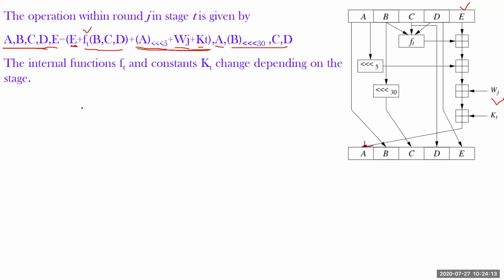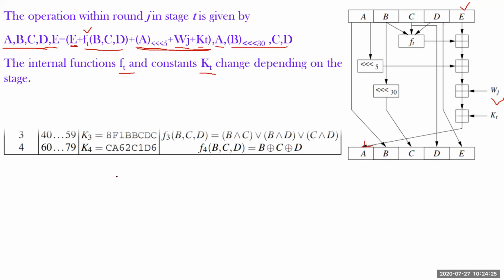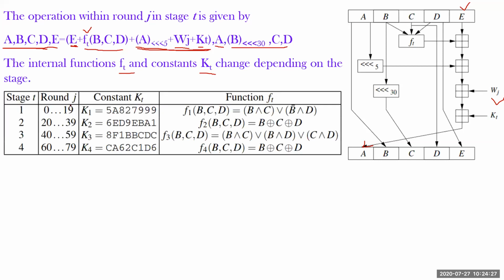How could you identify the internal functions F of T and K of T? The values of F of T and K of T will be identified at each and every stage. Right from stage 1, K1 will be a constant value, 5A827999, and the function F of T gets identified.